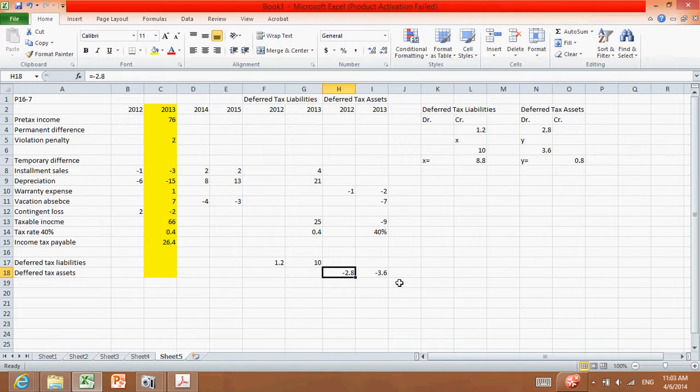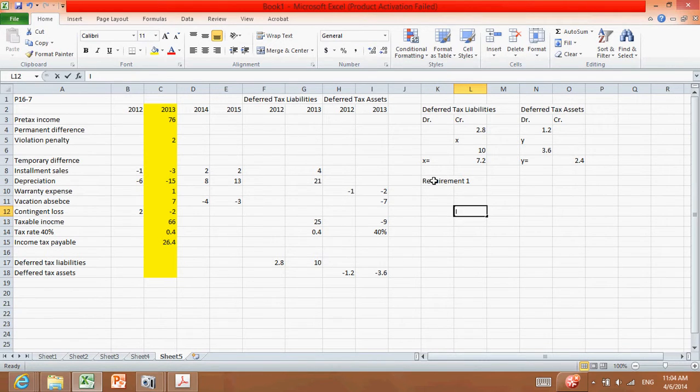So now I can do the journal entries. Requirement 1. I have income tax payable, which is calculated from here. And I have deferred tax liabilities, which is calculated from my T account.